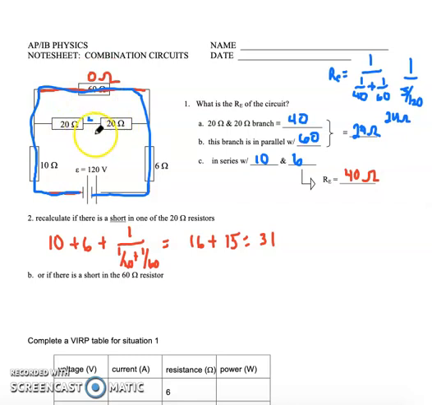I know it's not literally infinite, but it's comparatively. So basically what I have is 10 plus 0 plus 6. So the effective resistance is 16 ohms. Understand the difference between removing a branch, which basically makes it infinite resistance, or shorting it out, which makes that part 0. It's a subtle difference.